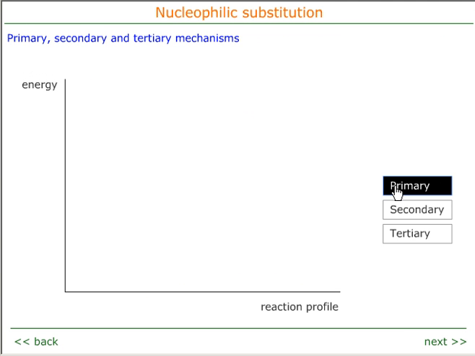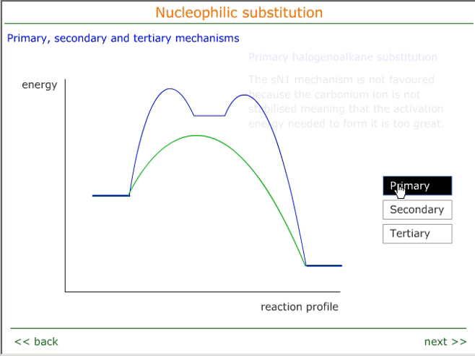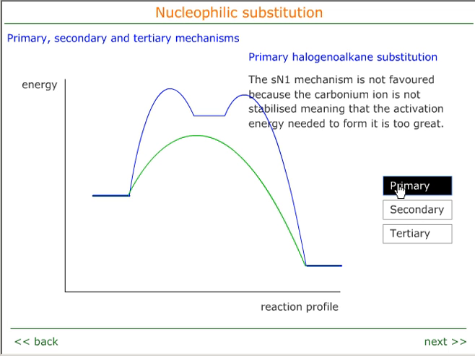Now if we were to look at the three graphs for primary, secondary and tertiary, we know that the primary doesn't go via SN1 because the SN2 mechanism has a lower activation energy as the intermediate carbonium ion would be of much higher energy.